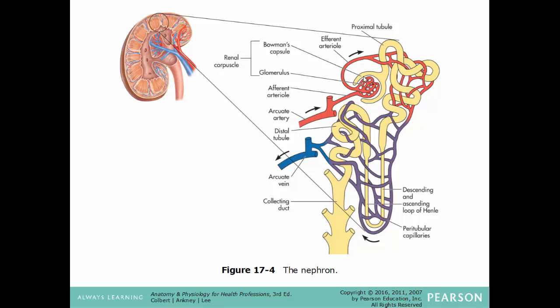If things are too large, like most blood cells, larger proteins, they are not filtered and they continue on through the efferent arteriole, the vessel that leaves the structure. And from there, it will go on to the peritubular capillaries and eventually back to the renal vein. Now, stuff that does get filtered will stay in the renal tubule, and we'll talk about these other structures here in a few minutes, and we'll come back to this image.